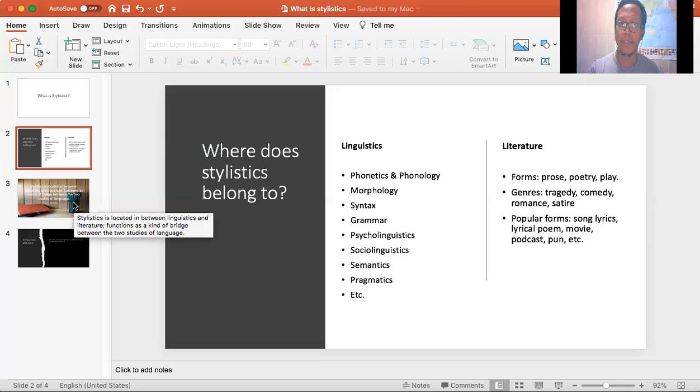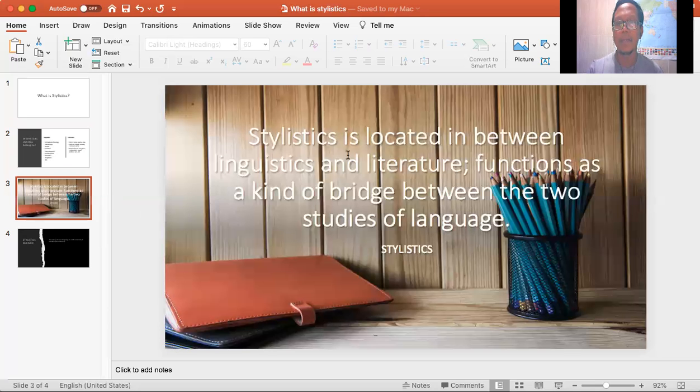You may speculate yourself in which field of the study of language stylistics is located. But according to my reading and what I have learned, stylistics is located in between linguistics and literature.